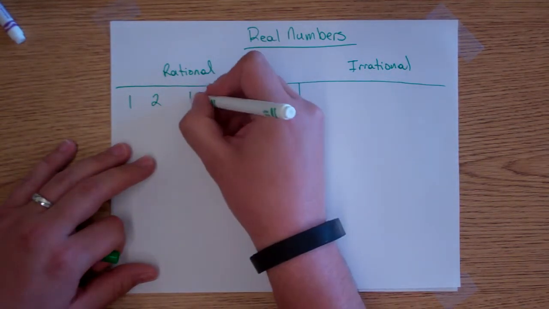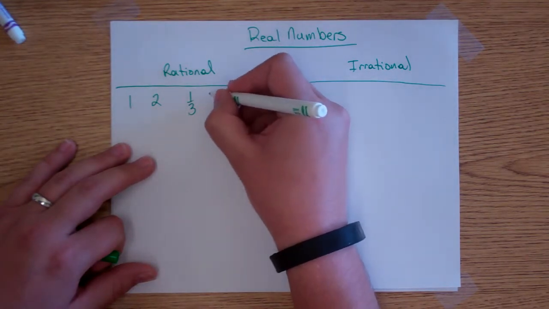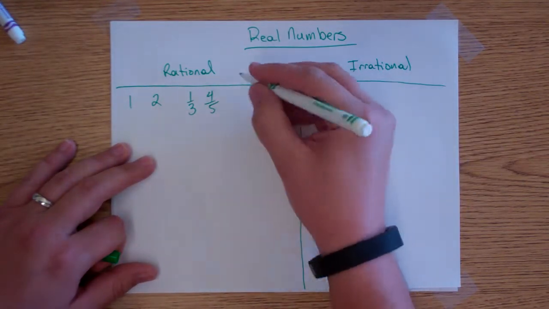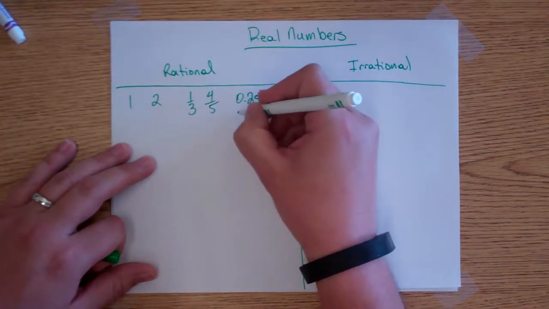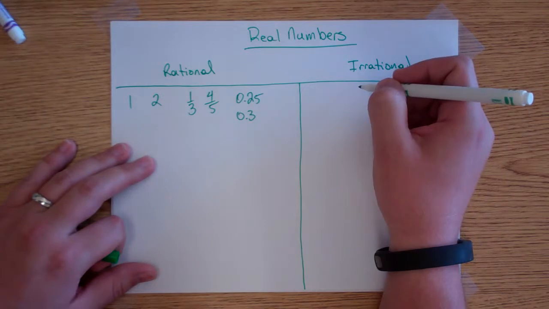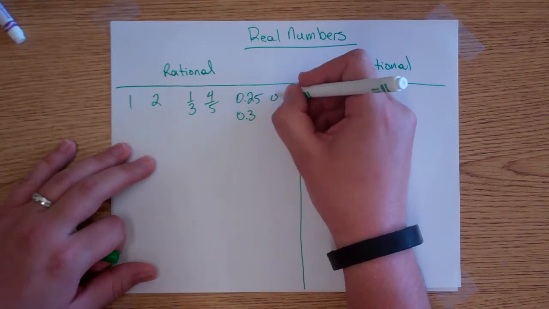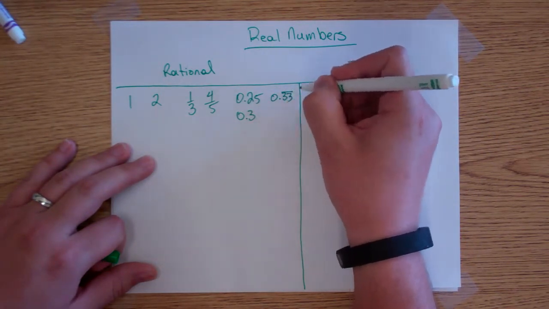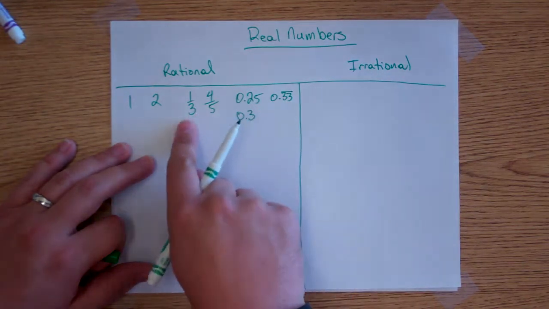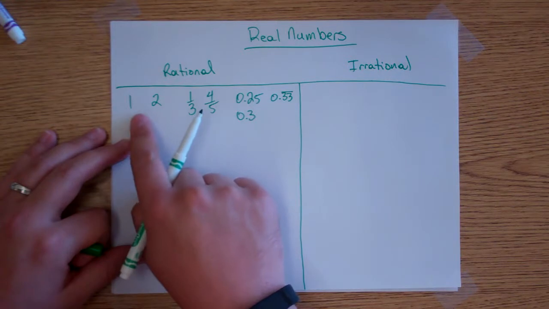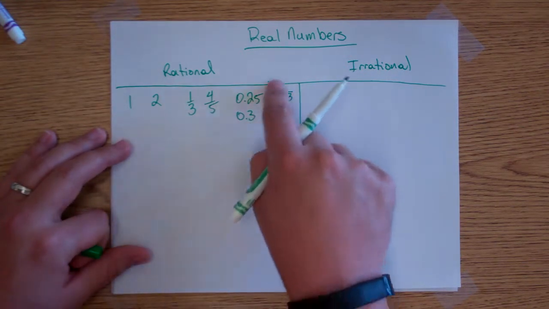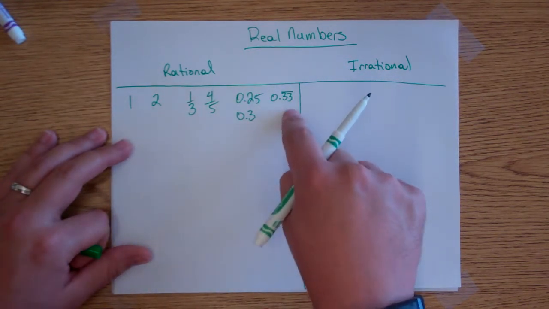You have fractions, 1/3, 4/5, and you also have terminating decimals like 0.025 or maybe 0.3. And you also have repeating decimals like 0.33 repeated, because again, that is just simply 1/3. All right, so you start off with rationals, you have whole numbers, fractions, and terminating or repeating decimals.